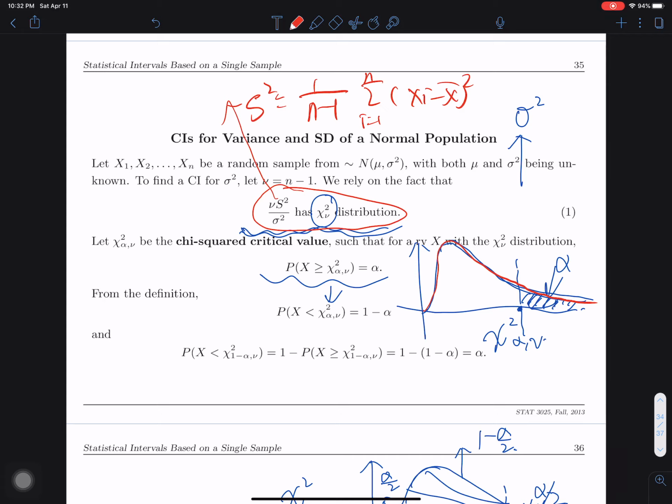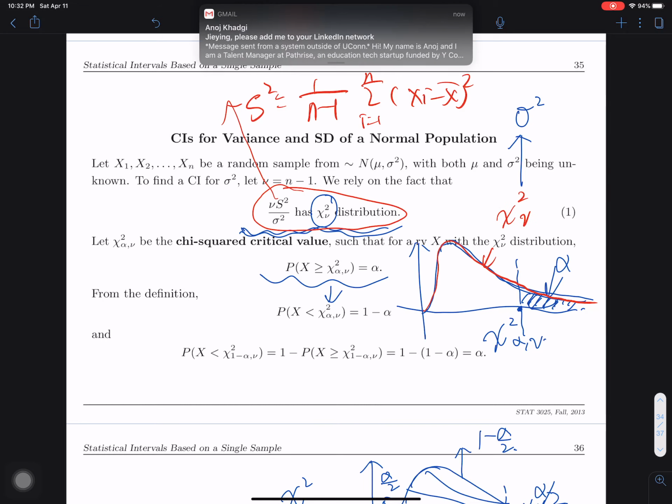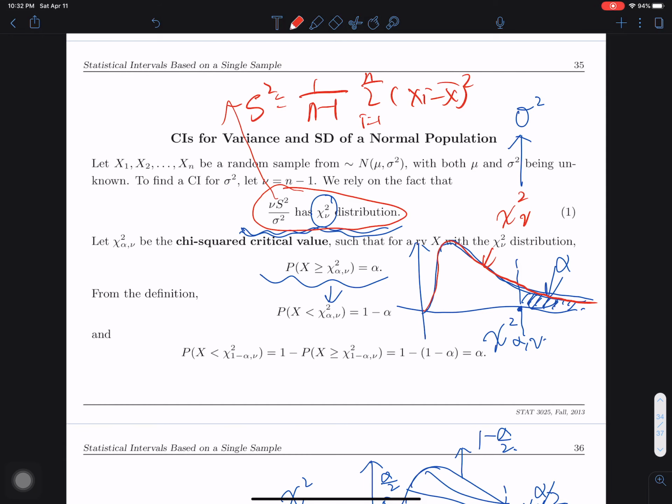So if this degree of freedom is nu, what is this quantity? This quantity is such that the area to the right is alpha, and we denote it by chi-square alpha, nu.